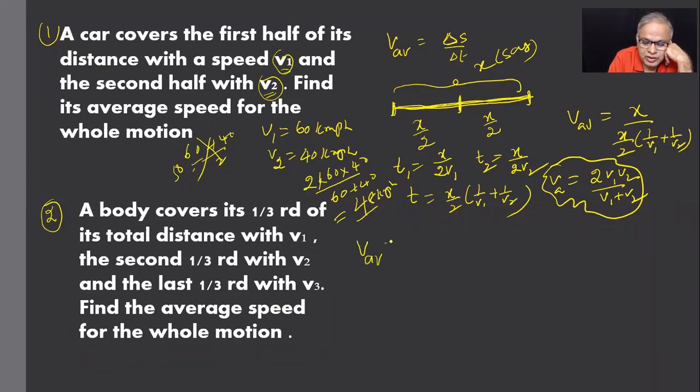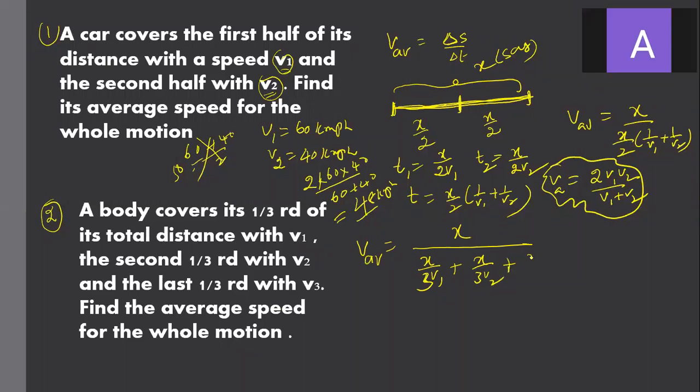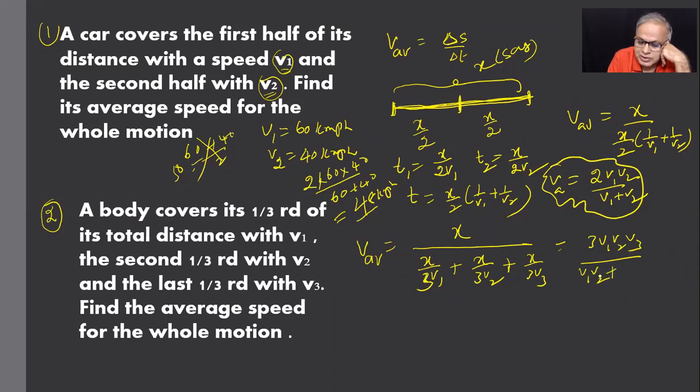From the way you did it, you'll think the total distance is x, right? X by 3 is covered with V1. So this is time for that. Plus x by 3 is covered with V2. This is the time for this. X by 3 is covered with V3. So you will get 3V1 V2 V3 divided by V1 V2 plus V2 V3 plus V3 V1, like that.